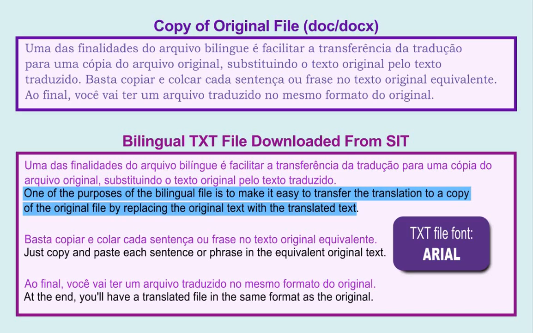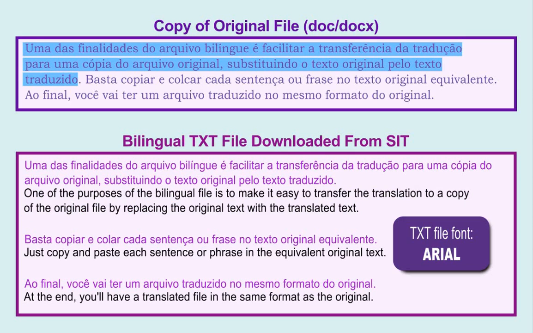I'm going to select and copy the translation of the first sentence in the bilingual file. One of the purposes of the bilingual file is to make it easy to transfer the translation to a copy of the original file by replacing the original text with the translated text. See how the font in the TXT file is Arial.